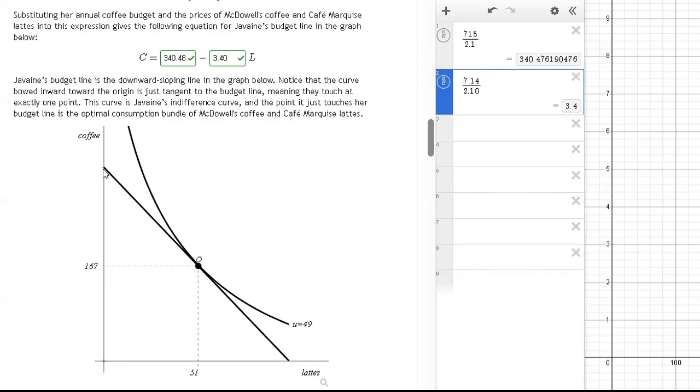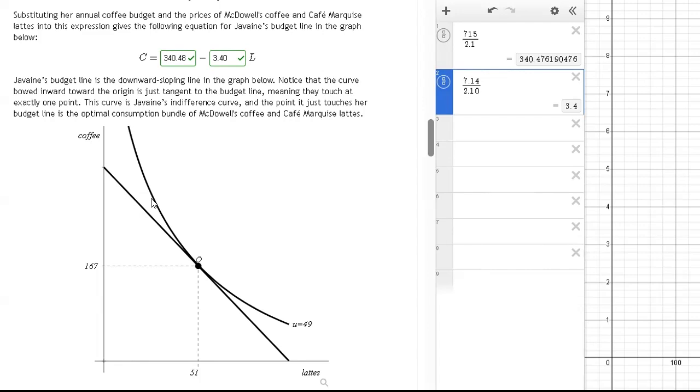It is the number of coffees she would purchase if she purchased 0 lattes at a price of $2.10. And the line is downward sloping because the slope is a negative 3.4. Her budget line is the downward sloping line in the graph.